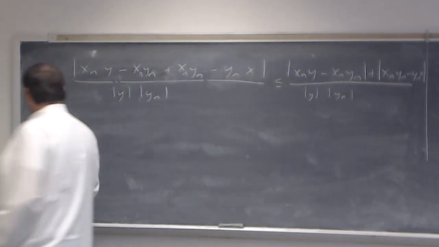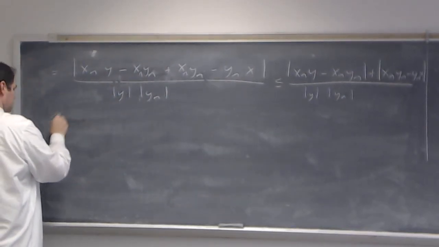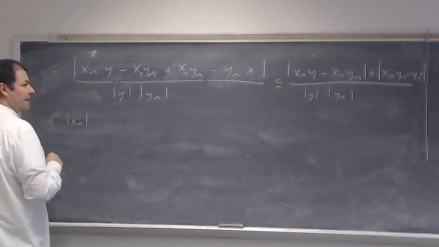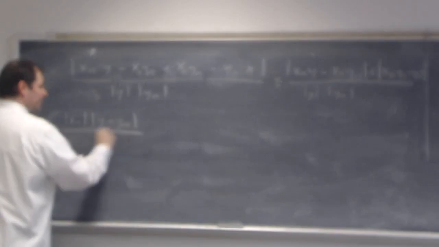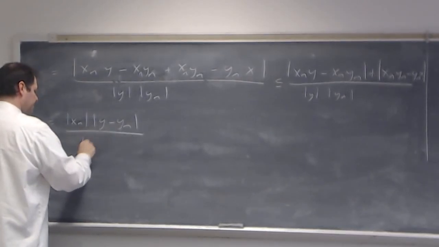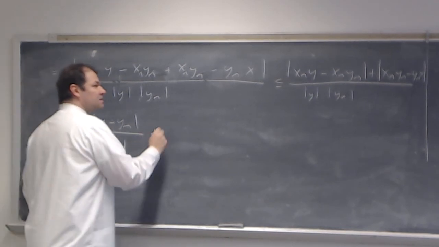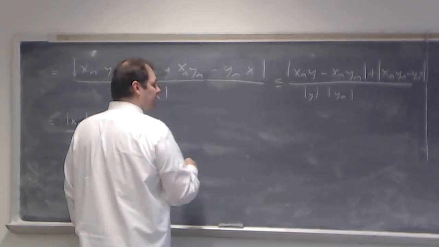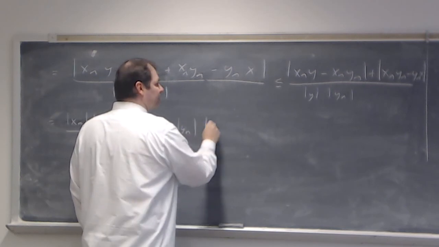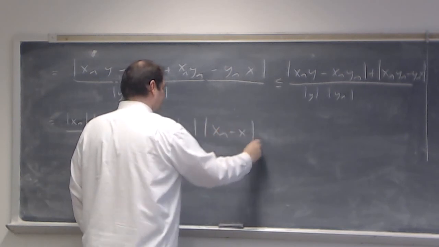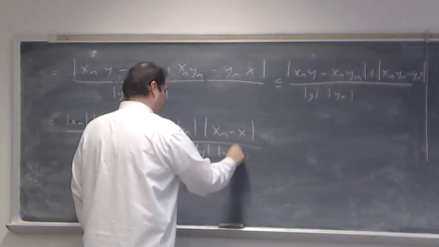Now what's clear is that what can be factored out of the first quantity is an x sub n, inside absolute values. Here is a y minus y sub n, over the absolute value of y times the absolute value of y sub n, and then plus, here what can be factored out is a y sub n, absolute value of that, for x sub n minus x, all over the absolute value of y times the absolute value of y sub n.